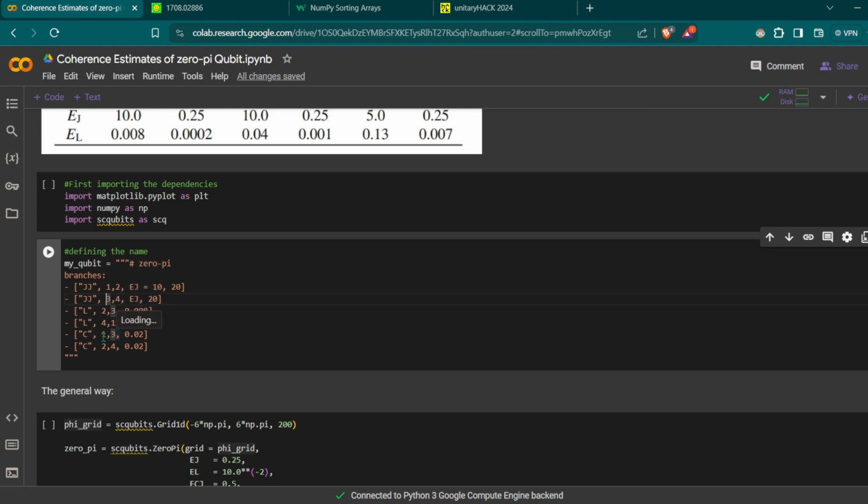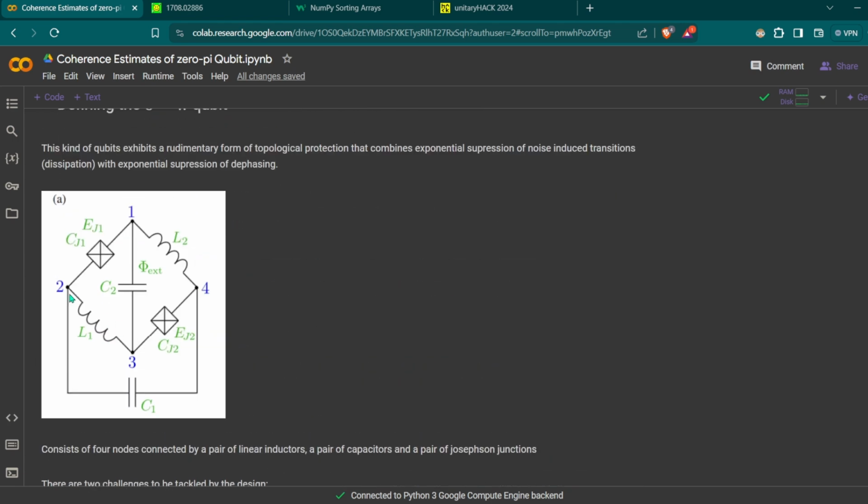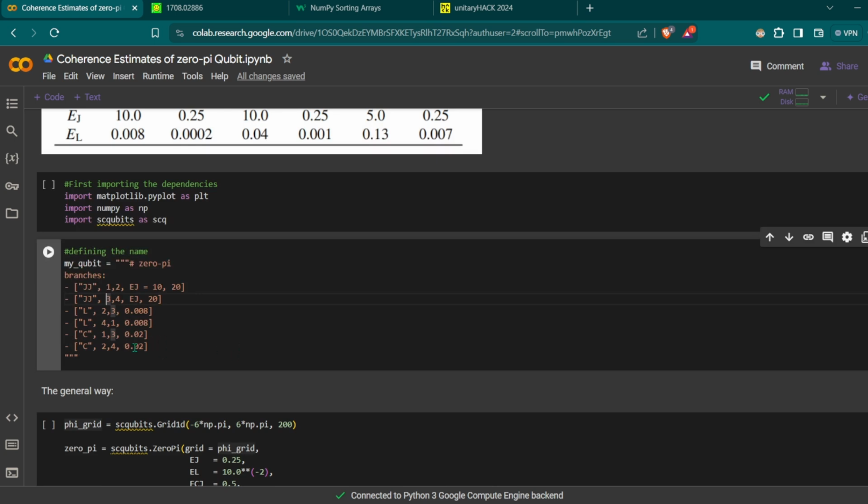Similarly, the other circuit elements, that is the inductances and the capacitances, as in 2, 3, 1, 4, and 2, 4, and 1, 3, are also mentioned in the defining stage of the qubit. And I have named the qubit as my qubit.